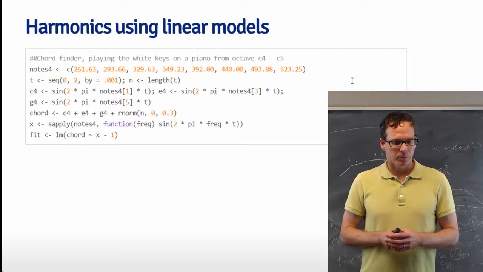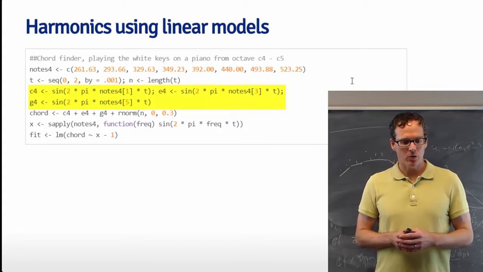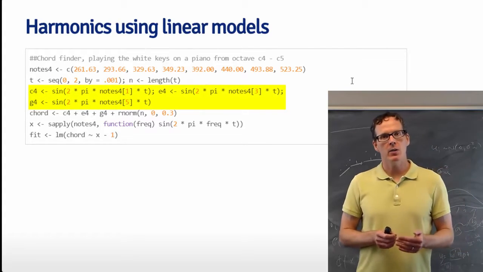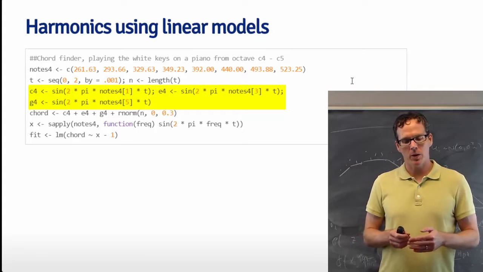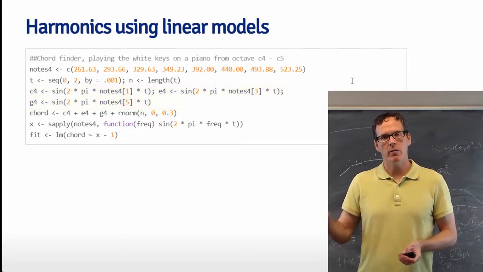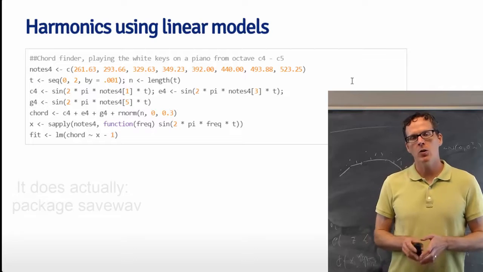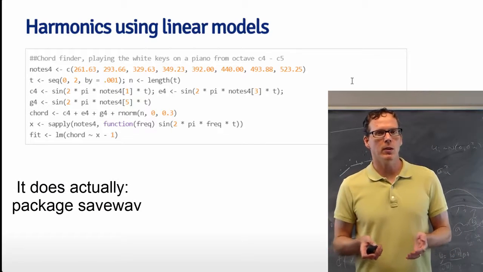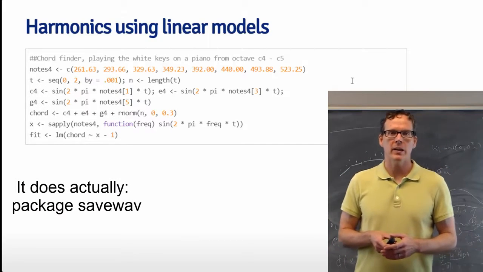And I created 3 notes, a C, an E, and a G. I created those notes by just creating a sine wave at that frequency. R doesn't really have the capability of doing this, but it's actually pretty easy to do in MATLAB.